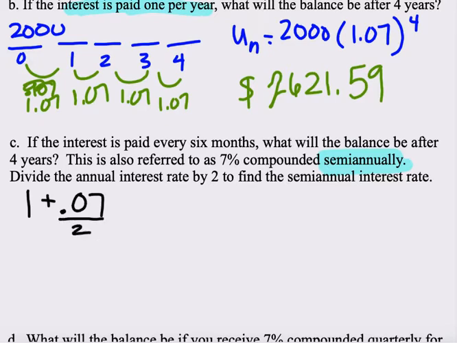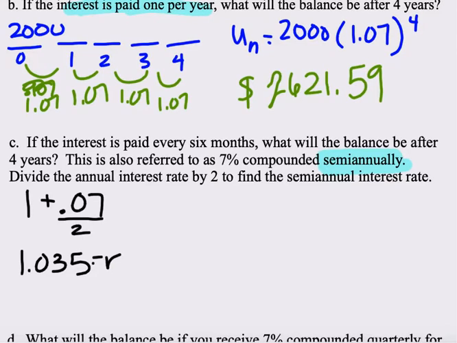So you would end up getting a 1.035 is now our interest rate. Okay? So that gets a little confusing because the annual interest rate didn't change. It was still 7%. But now they're compounding it semi-annually twice a year. So you take that 7% divided in half to get that 3.5 or 1.035 for semi-annual.